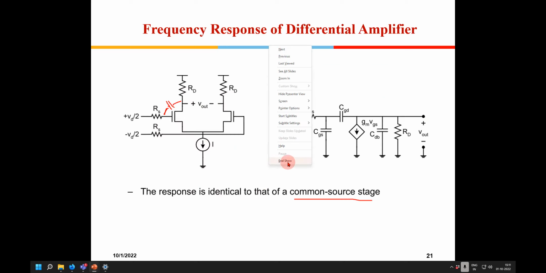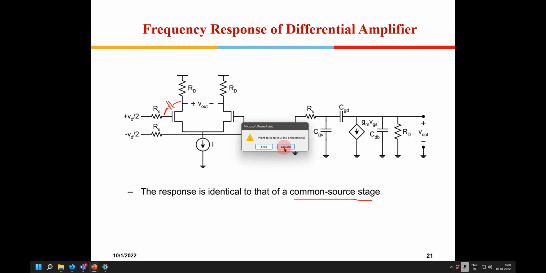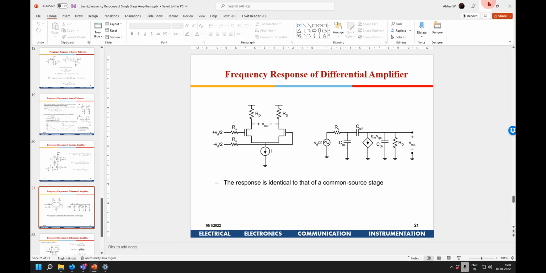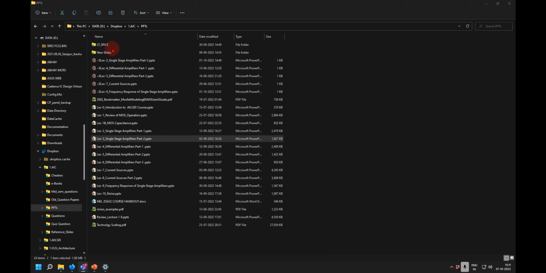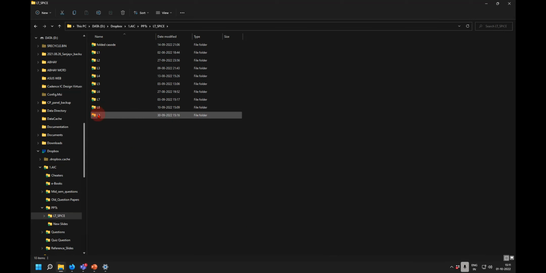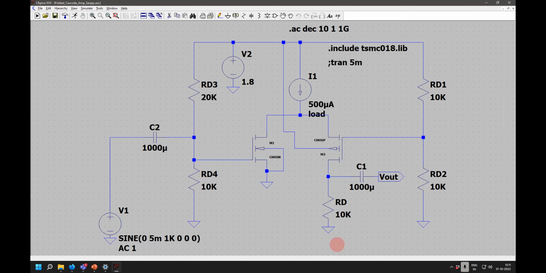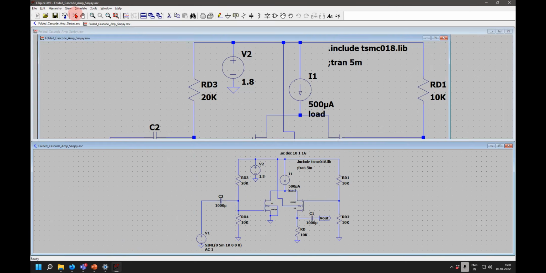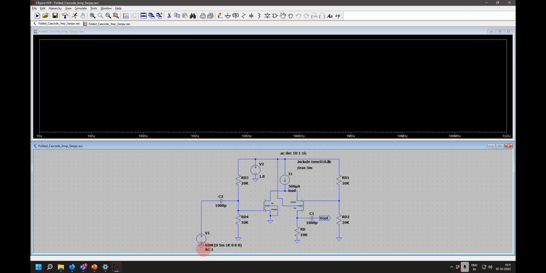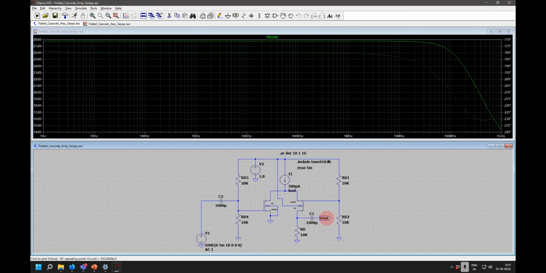So let me show you some simulations so that what we learned will become clear. So to start with, this was an assignment about a folded cascode. If you see here, this is a 5 milli, and if I see the output, this is an AC analysis.